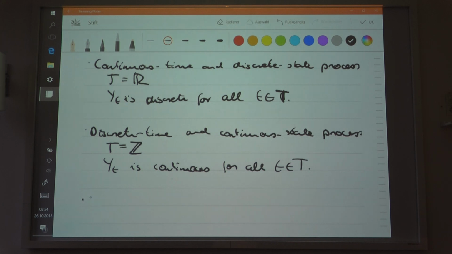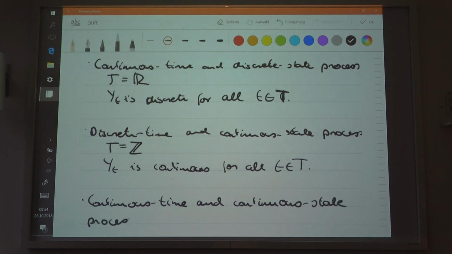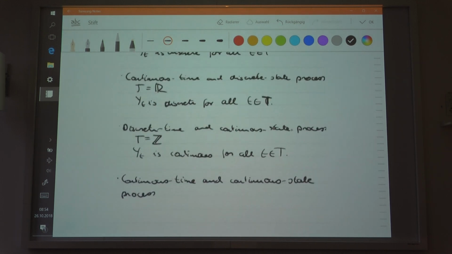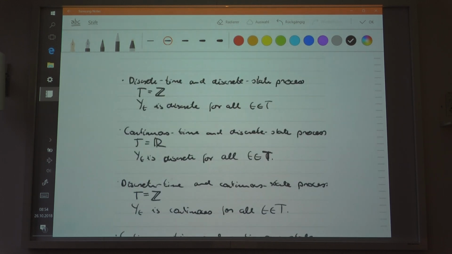And the last one is a continuous-time and continuous-state process. Can you read this? If not, then I will read this for you. The first one is a discrete-time and discrete-state process.